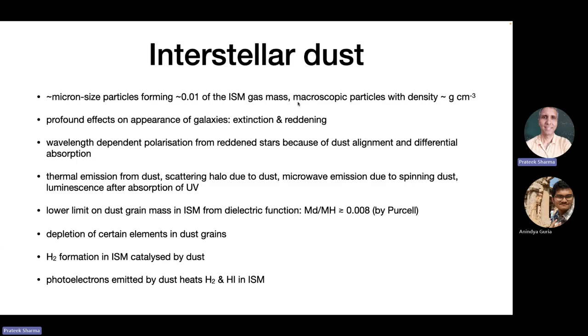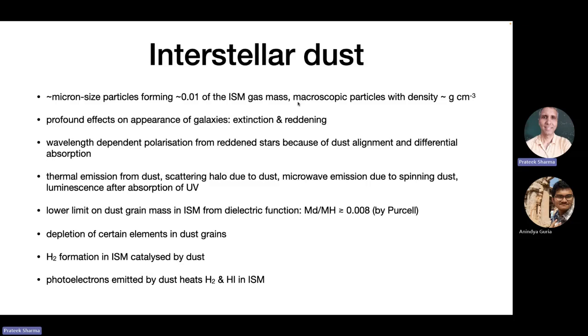The other thing is dust plays an important role in almost all aspects of the interstellar medium. We talked about cooling and heating of H II regions, for example, in the last class. If dust is present, dust can block some of the ionizing photons, and ionizing photons or even lower energy photons can eject photoelectrons from dust and hence heat the gas. So dust plays an important role in the thermodynamics of the interstellar medium.